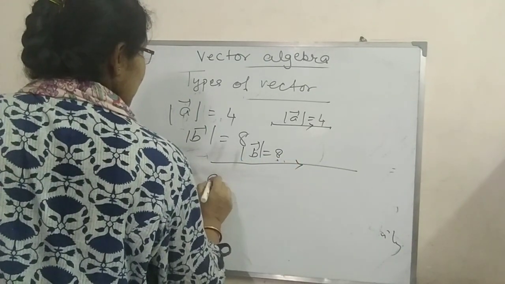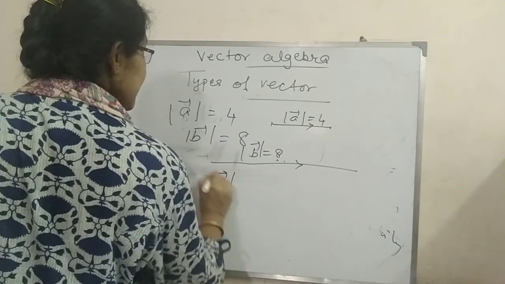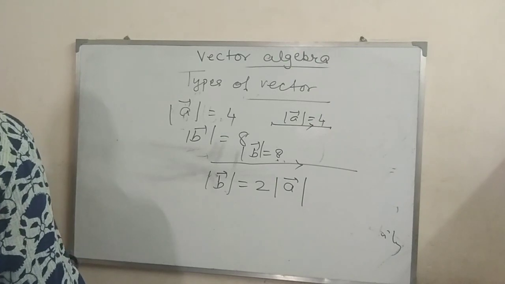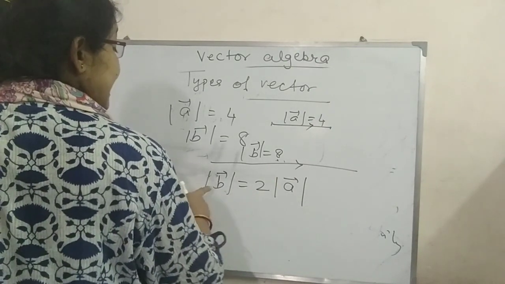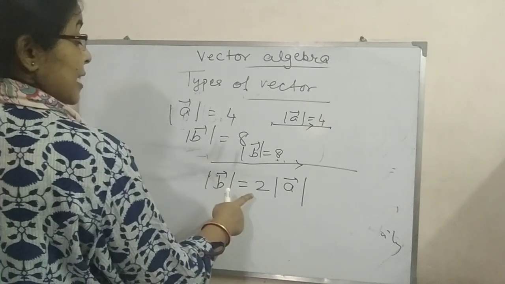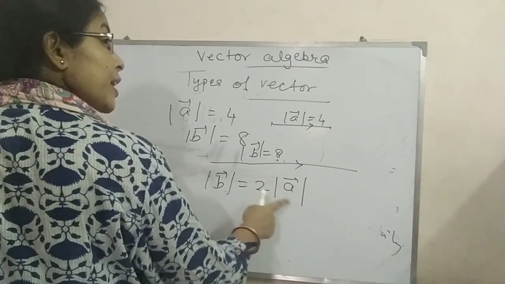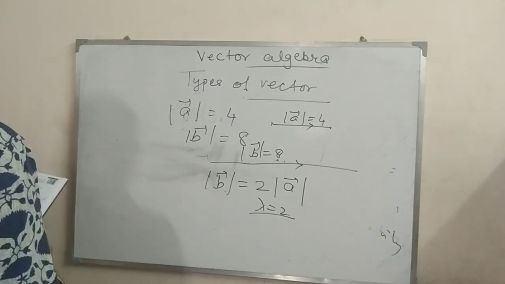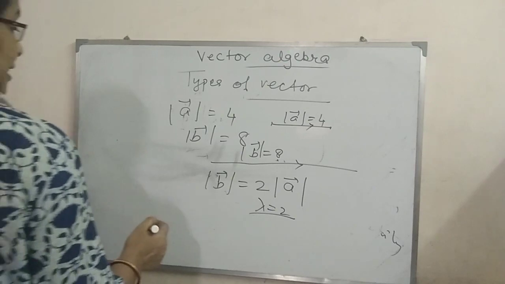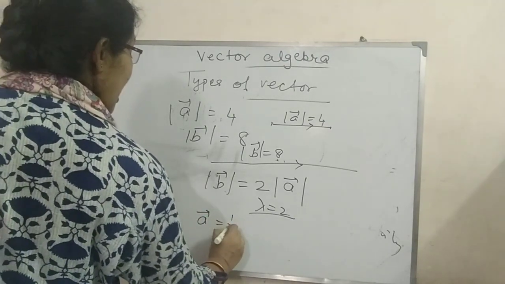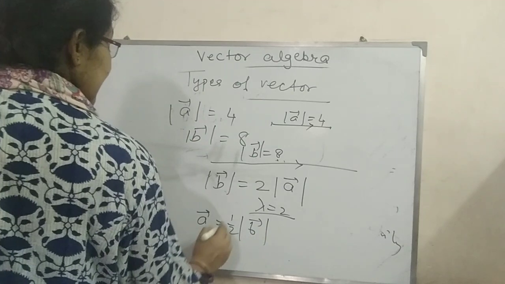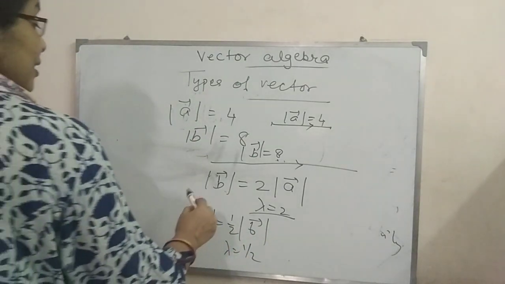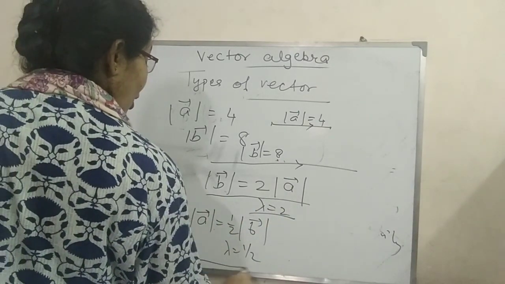So vector B equals 2 into vector A. Here I can express B in this way, 2 into A vector. Here lambda equals 2. So B vector and A vector are parallel or collinear vectors, or A vector equals half of B. Here lambda equals half.